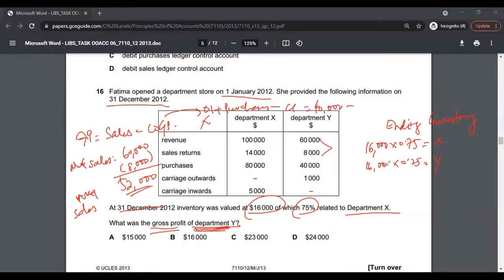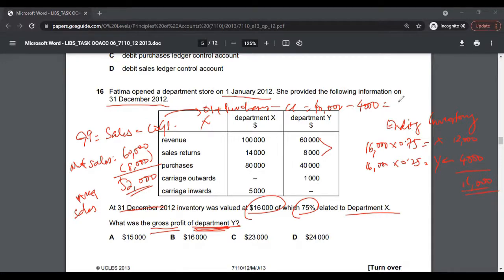That's 16,000 times 0.25, which gives me a figure of 4,000. So Y is 4,000. Even though we are not concerned about X in here, how much is X going to be? X is going to be 12,000, because the total has to be 16,000, right?